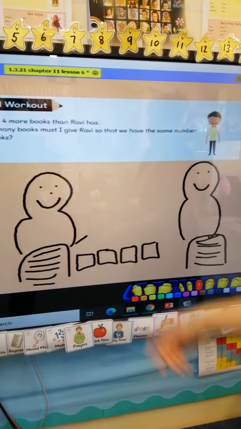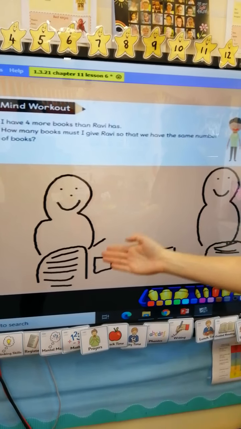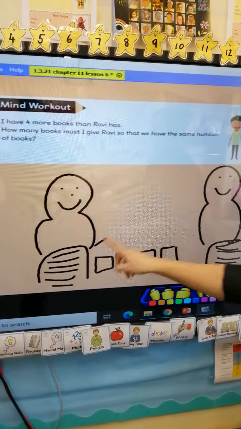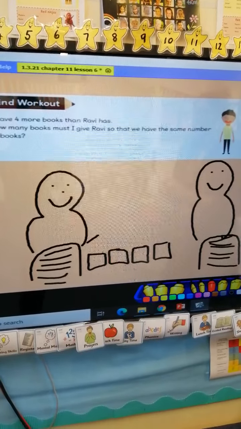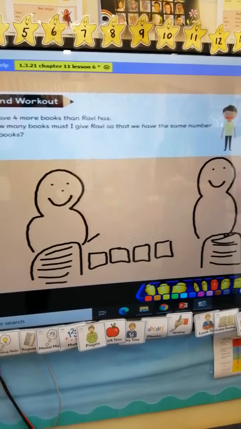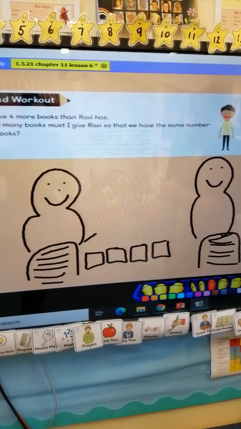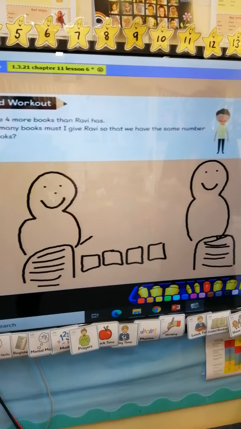I don't know how many's in that pile. It doesn't really matter how many's in the pile. What matters is we've got the same amount. And the difference is I've got 4 more. So how many books must I give to Mrs. Marshman so that we've got the same number? Which books do I need to give to Mrs. Marshman so we've both got exactly the same?